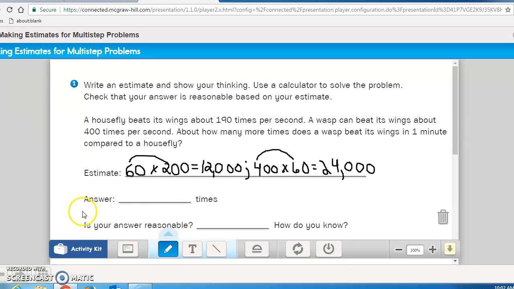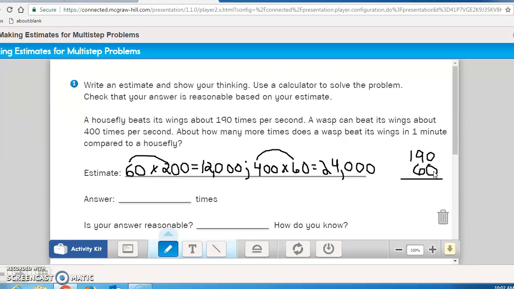So now I have to figure out my real answer. For that, I need to take 60 times 190. And again, remember, you can use your calculator for this.